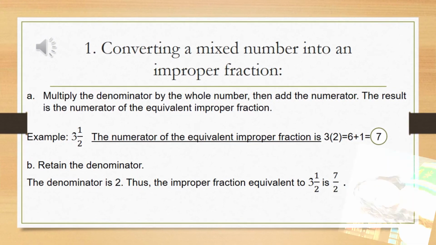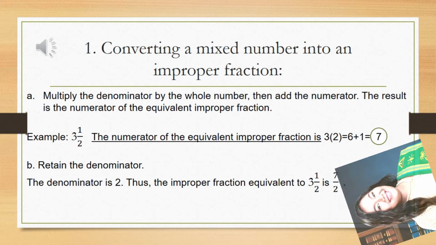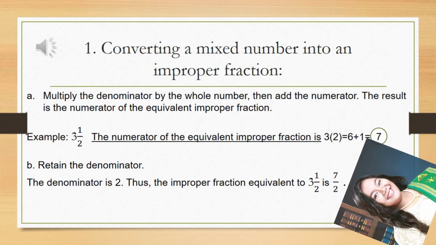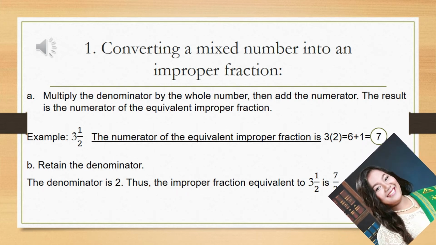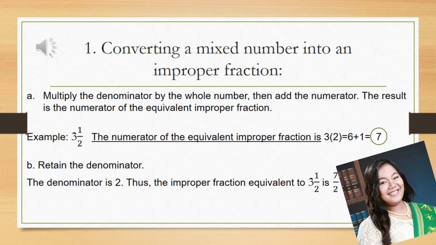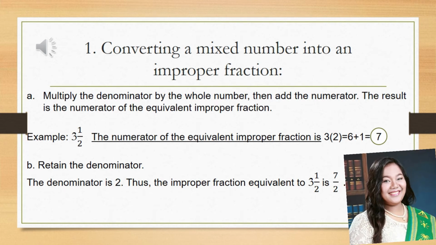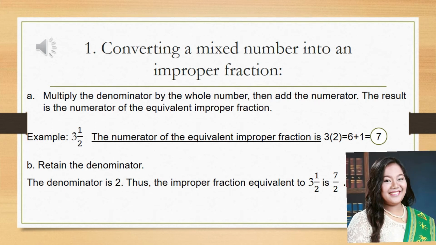In converting a mixed number into an improper fraction, these are the rules. First, multiply the denominator by the whole number, then add the numerator. The result is the numerator of the equivalent improper fraction. Say, for example, 3 and 1/2.